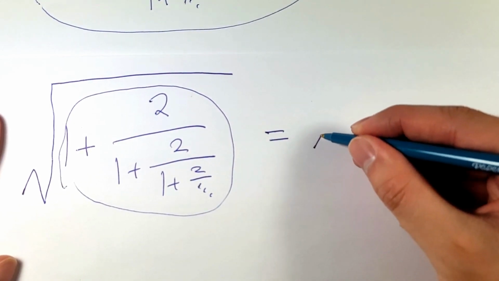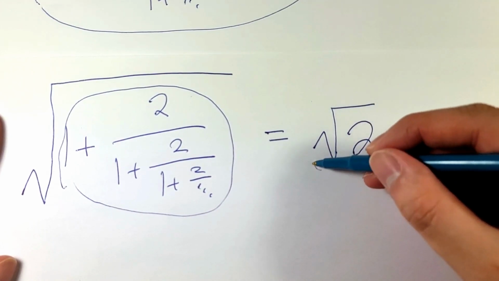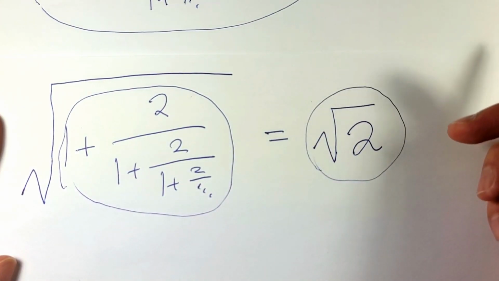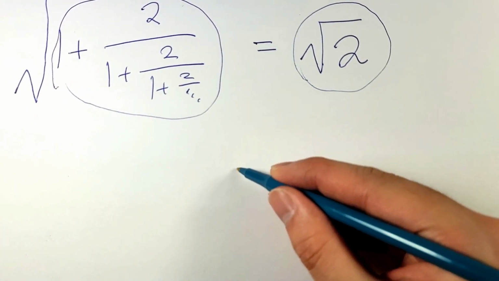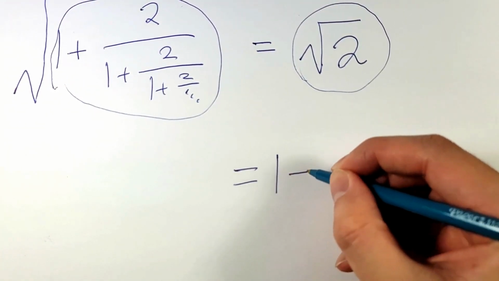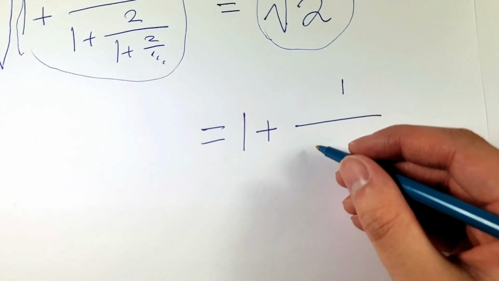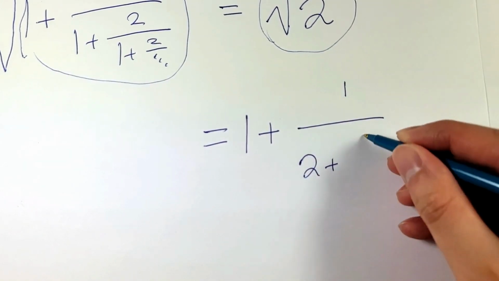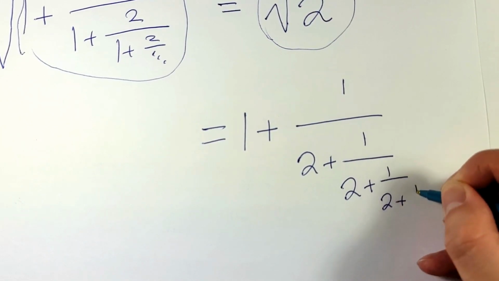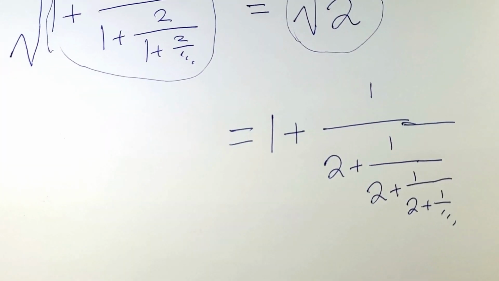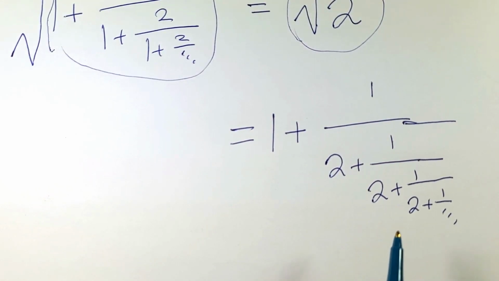So I can write this as square root of 2. Now, this number here equals this continued fraction, that is, 1 plus 1 over 2 plus 1 over 2 plus 1 over 2 plus 1 over, and so on. And so this is the equation that I wanted to show.